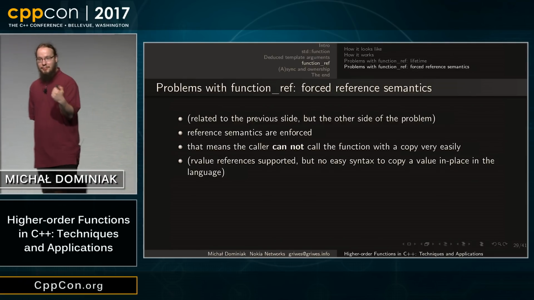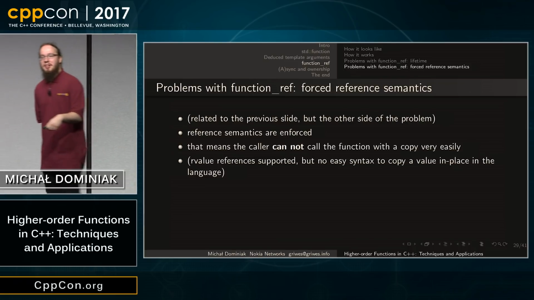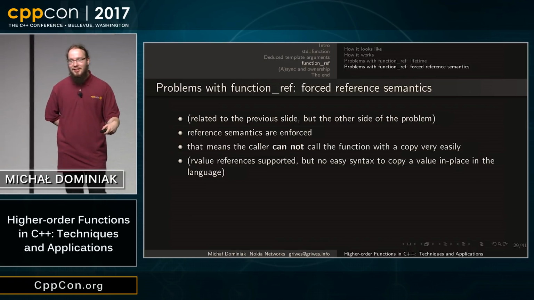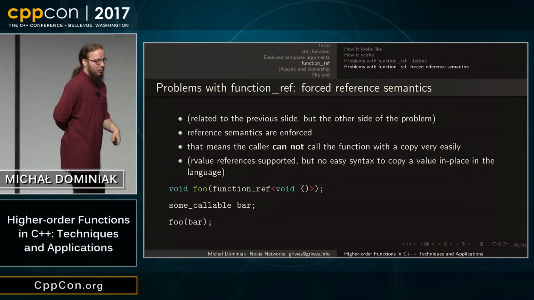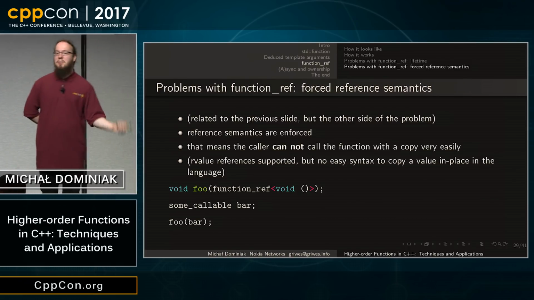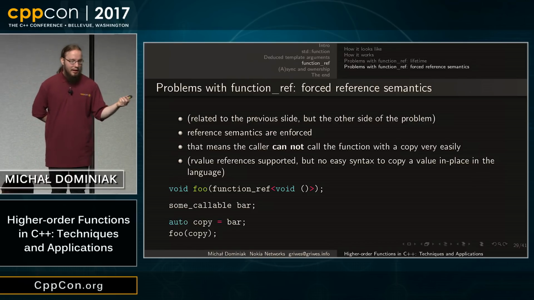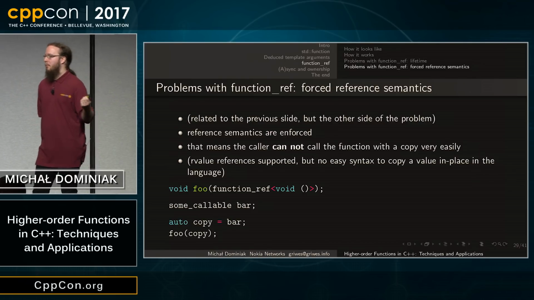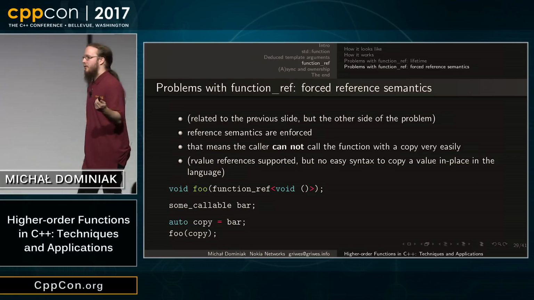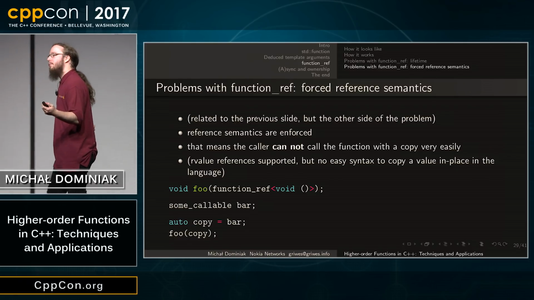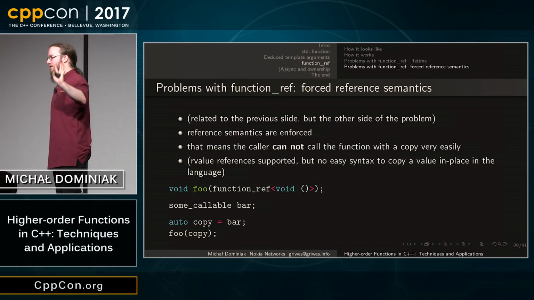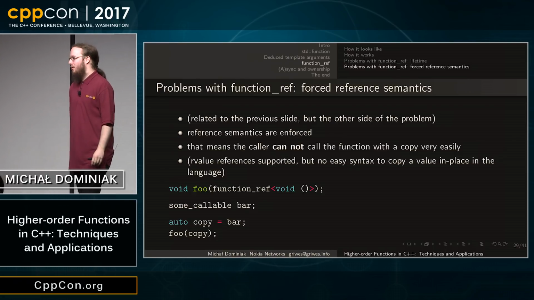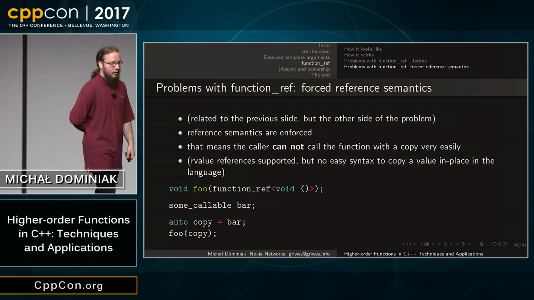And this is why I support R-value references there. So I have a function ref, and I have some callable, and I want to pass a copy. This passes a reference. This will pass a copy, but at the price of having a separate statement, right? That statement might be completely disconnected from the code that uses it in some cases.